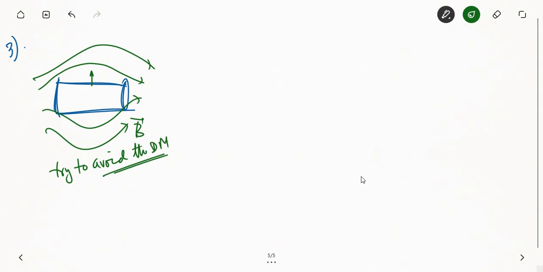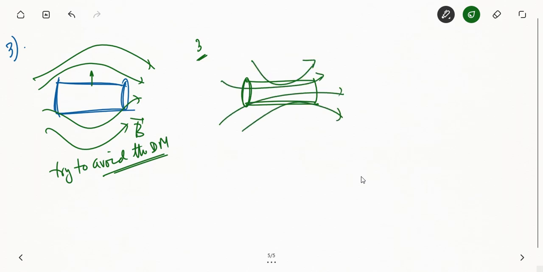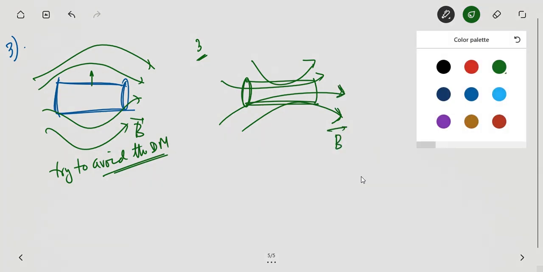But in the case of paramagnetic material, they do not avoid it.